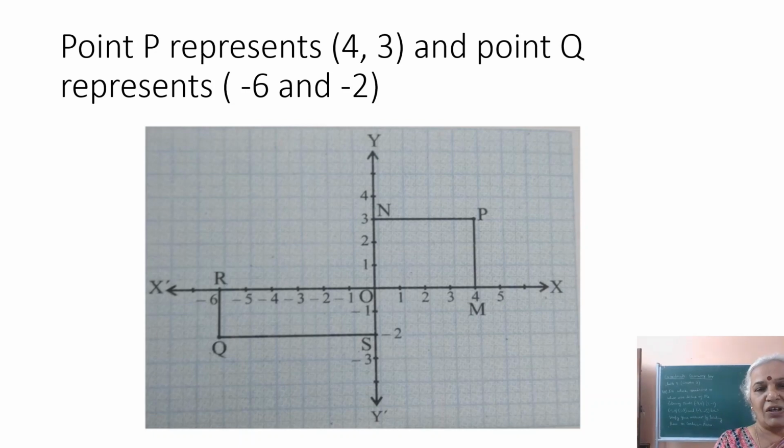Already you have learned this in integers, while marking integers on the number line. Similarly, on the y dash axis, all the positive numbers we mark at the top, and all the negative numbers will come in the lower part of the graph.